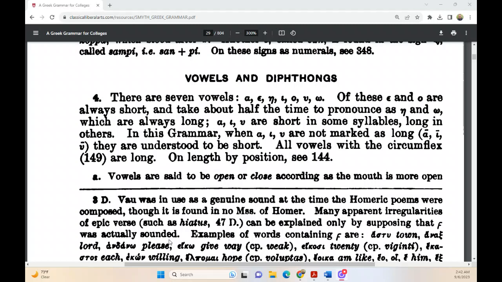Now, as you're working through these lessons, you should be continually studying and mastering the Greek alphabet and its pronunciation. We're going to continue to learn more about the Greek letters and their sounds and accents and breathing and all of the information that's necessary for you to really master Greek pronunciation.